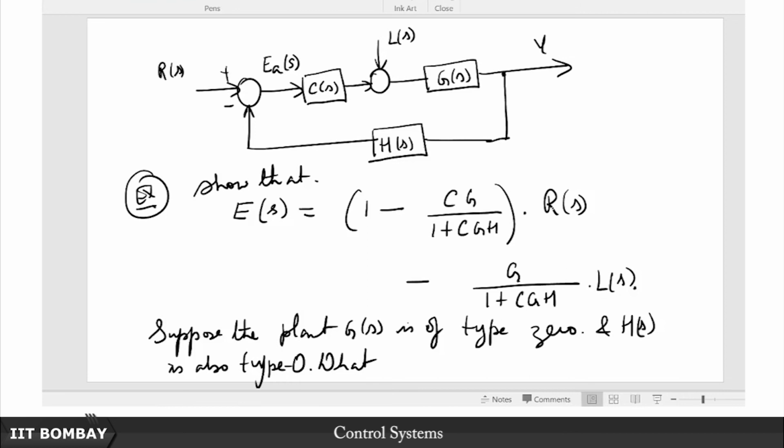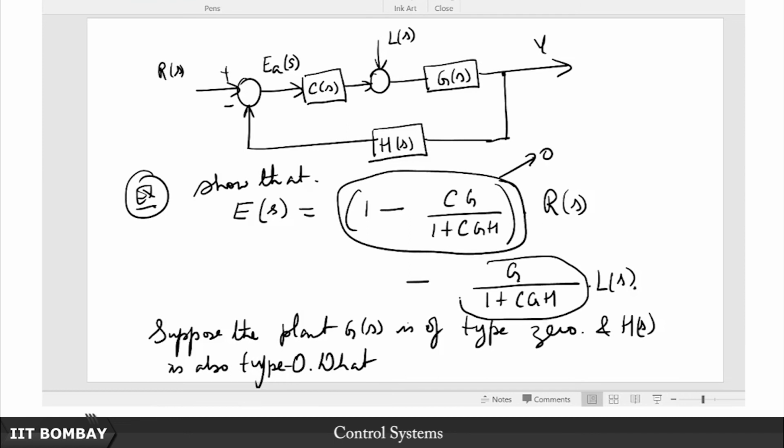Now if E(s) has to go to 0, then notice that this has to go to 0 and this also has to go to 0, okay, as s tends to 0. So you basically want to ensure that maybe R(s) is equal to a step, L(s) is also equal to a step, that is an information given, mostly we are concerned with step responses.